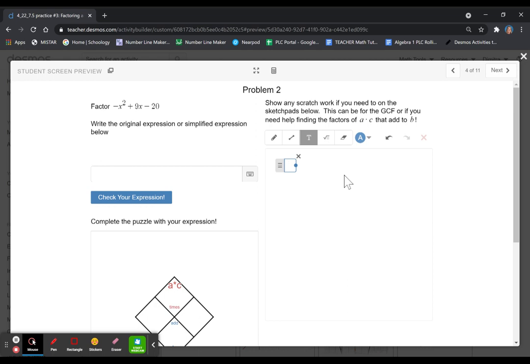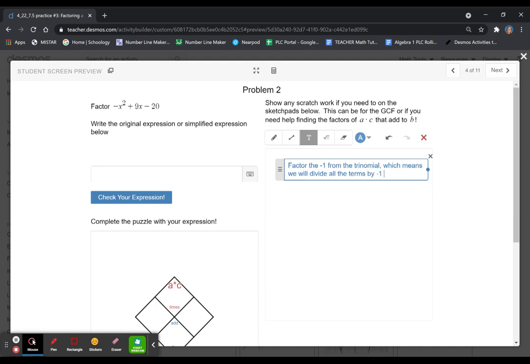Because we're undoing the multiplication. So we want to factor the negative 1 from the trinomial, which means we will divide all the terms by negative 1.